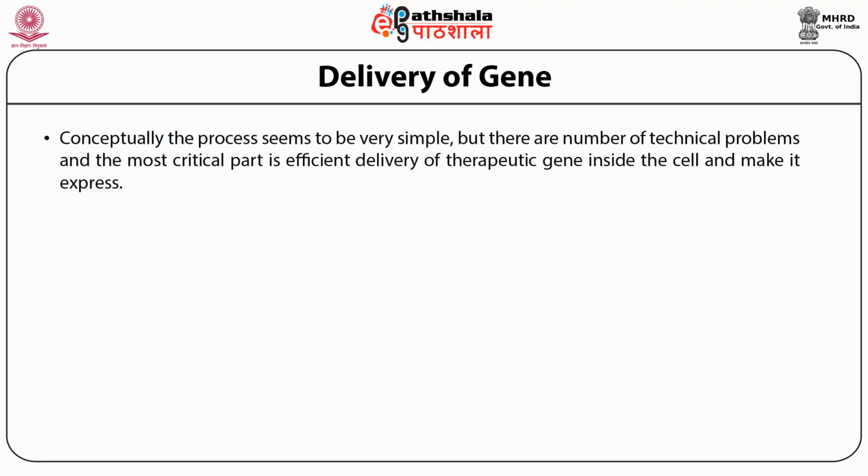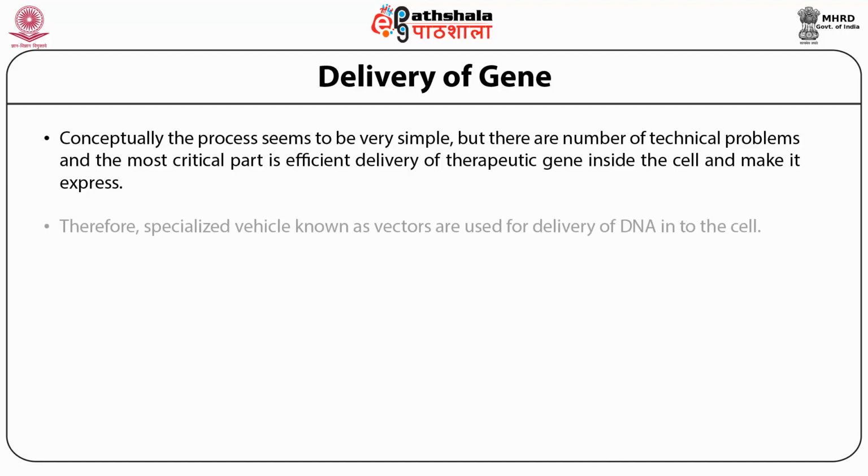Conceptually, the process seems to be very simple, but there are a number of technical problems, and the most critical part is efficient delivery of the therapeutic gene inside the cell and making it express. Therefore, specialized vehicles known as vectors are used for delivery of DNA into the cell.